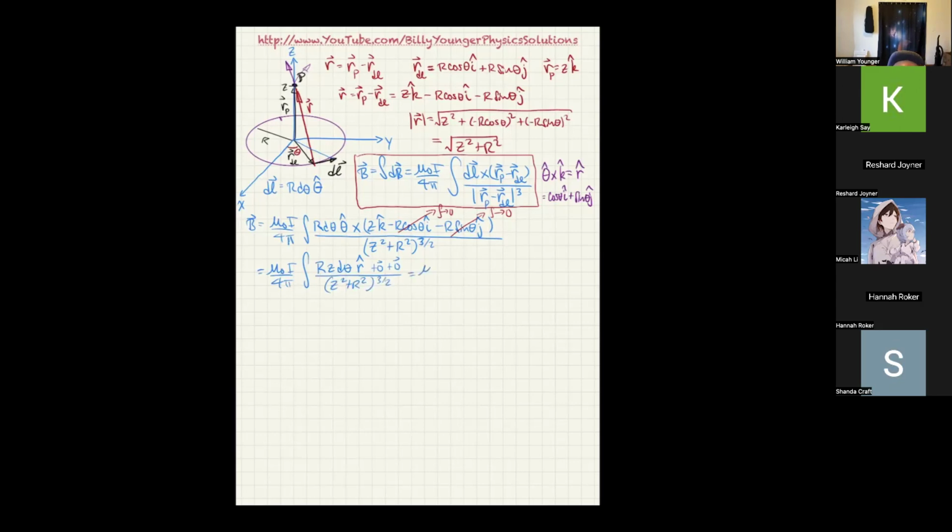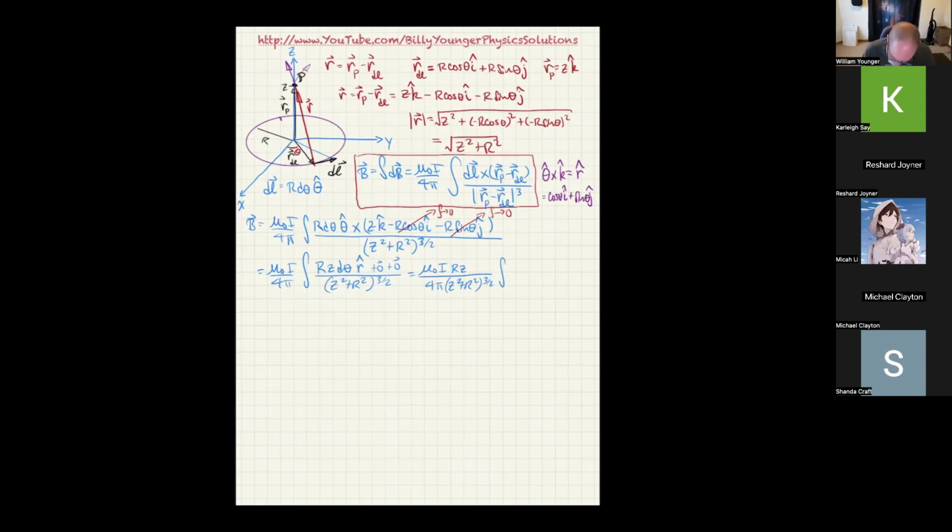So I'm going to get mu 0 I times r times z over 4 pi. It looks like the z squared plus r squared is not going to be partaking in this integral either. So I get the integral of d theta.